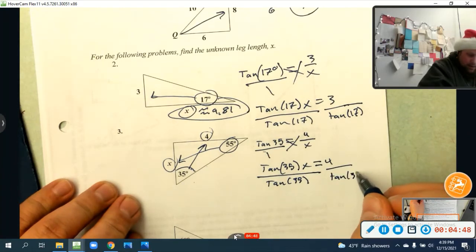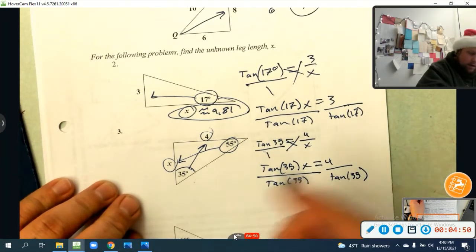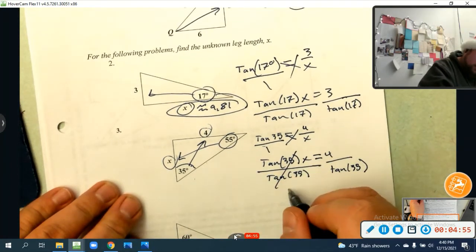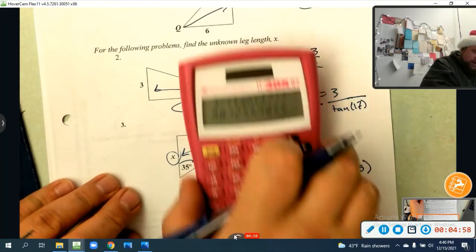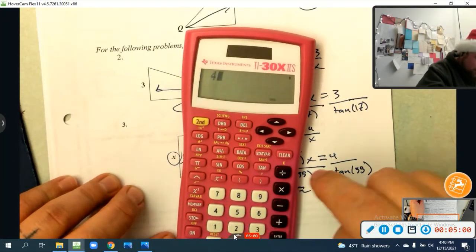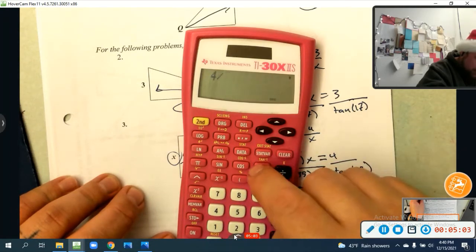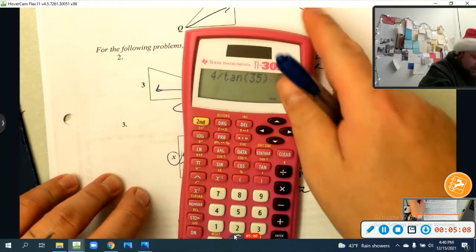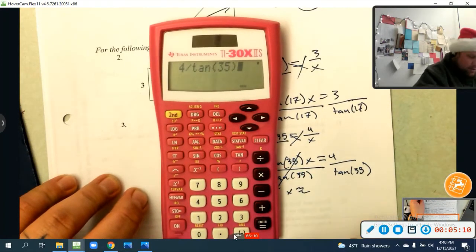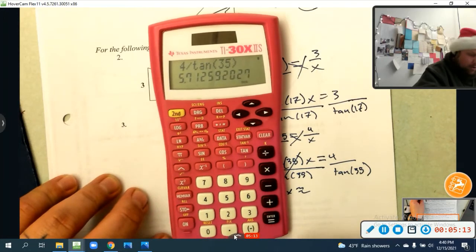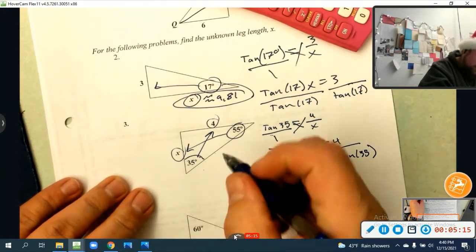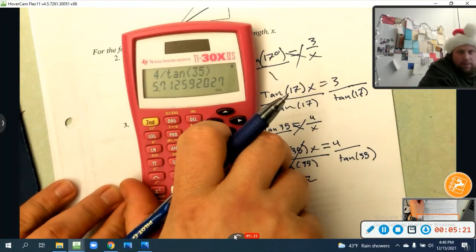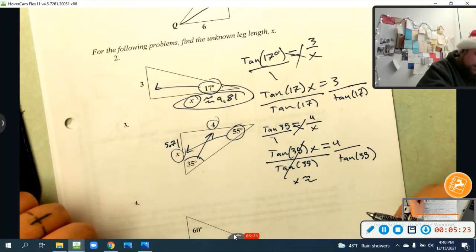I get that x is approximately 4 divided by the tangent of 35. Let's see what happens. That's approximately 5.71. Yeah, so there we go.